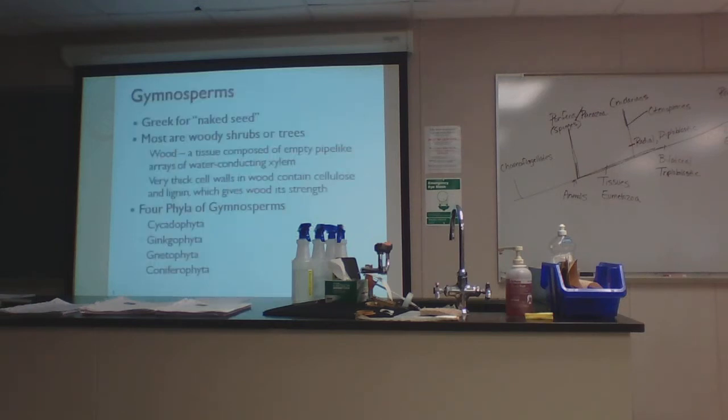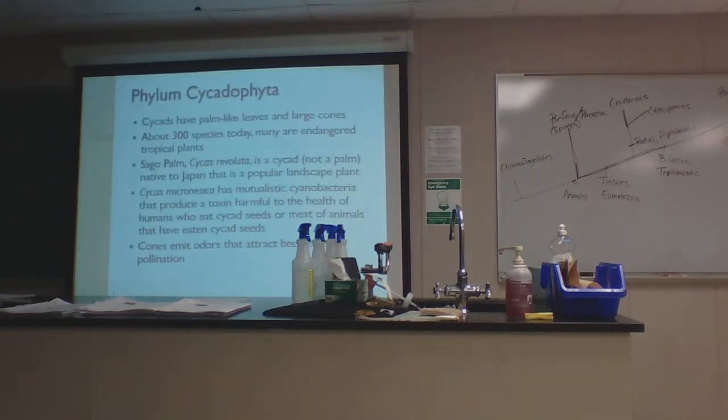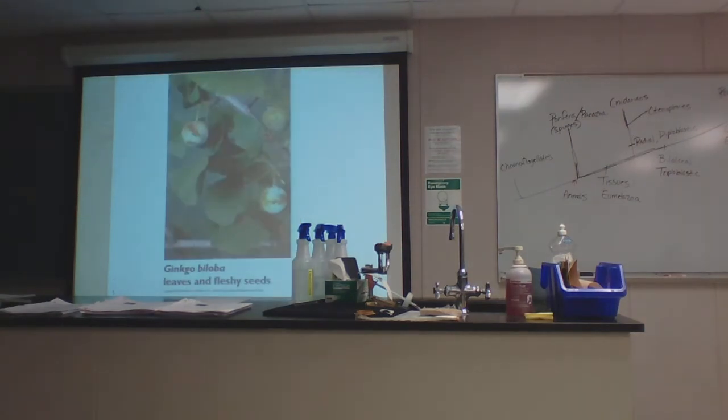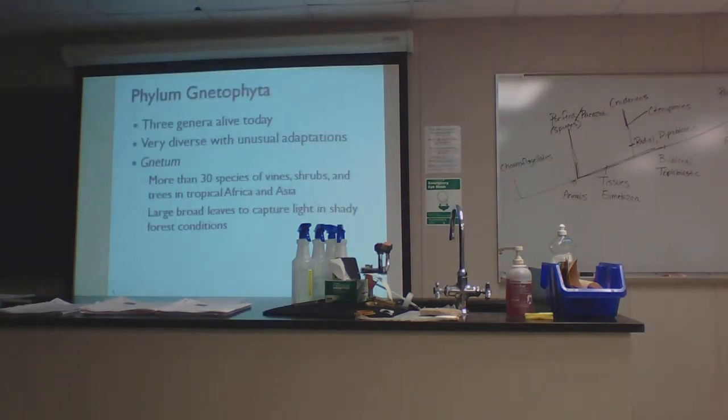Okay, then we got the gymnosperms. There's 4 types of gymnosperms. You should know them. So you've got the cycads. You've got the ginkgo, just one species of that. You've got the gnetophytes.